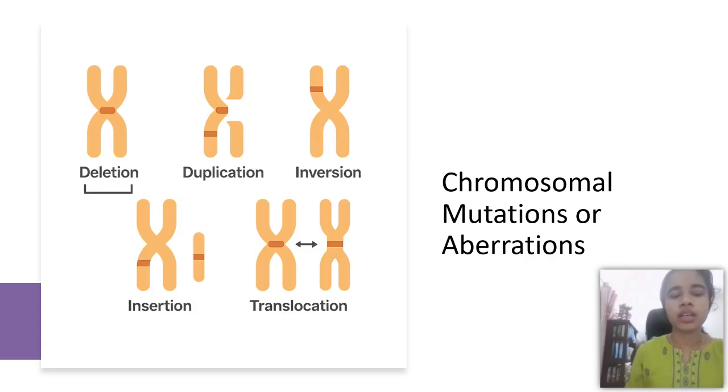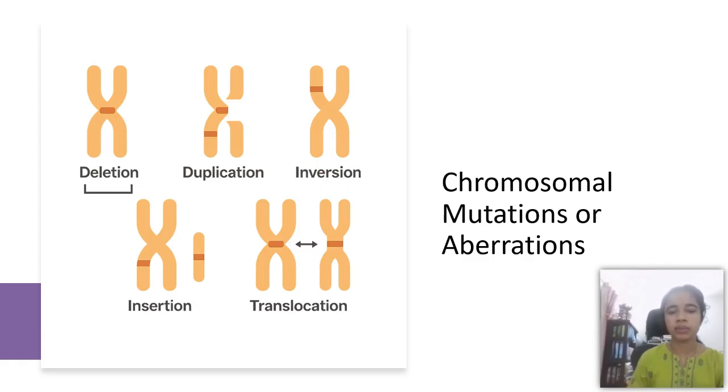So chromosomes are like master pages of a genetic instruction manual. Just like a book can have a tear, repeat, flip, or get glued to the wrong chapter, these changes happen, and this is what chromosomal aberration is. A small deletion can remove important instructions.